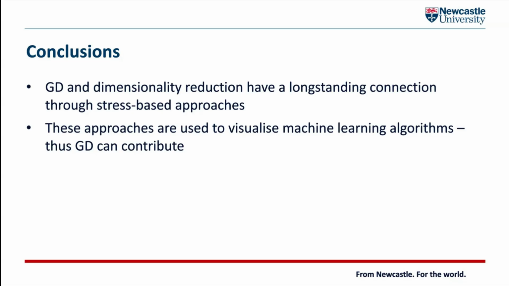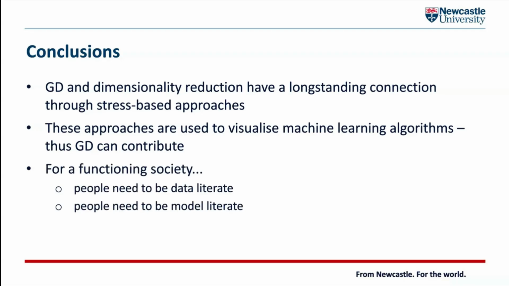And we do this by visualizing the neuron activation and treating that as a high dimensional space and reducing down there. And because I said before, if you do GD, you're kind of doing dimensionality reduction, you can contribute here too. So look for opportunities there.